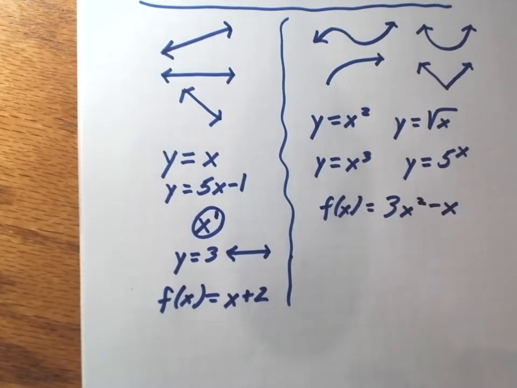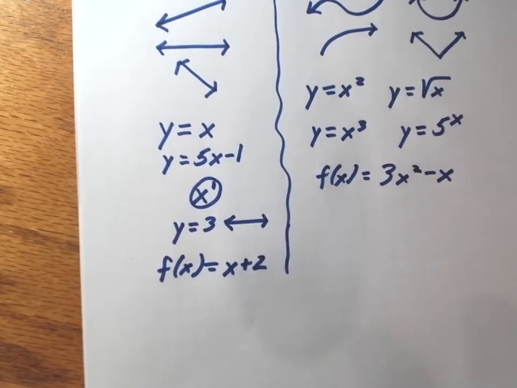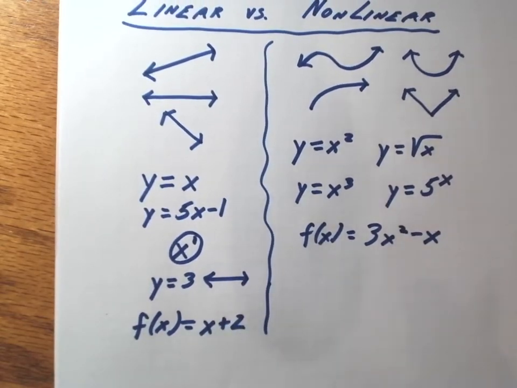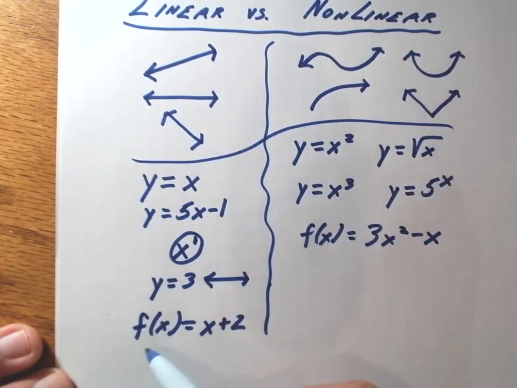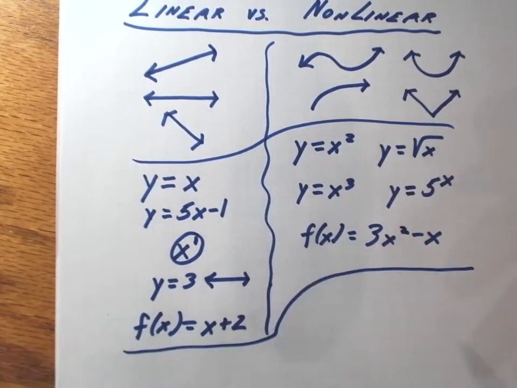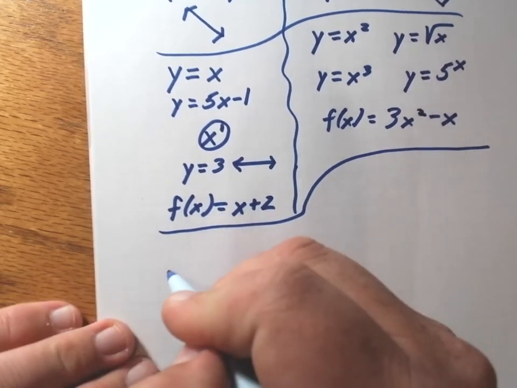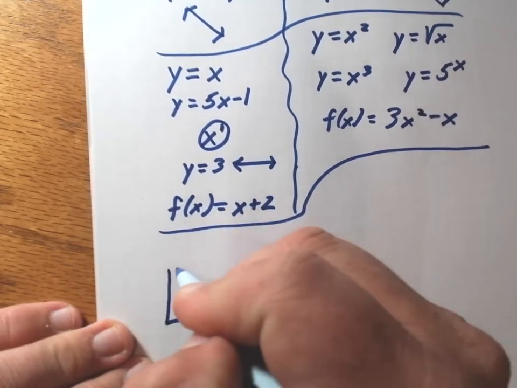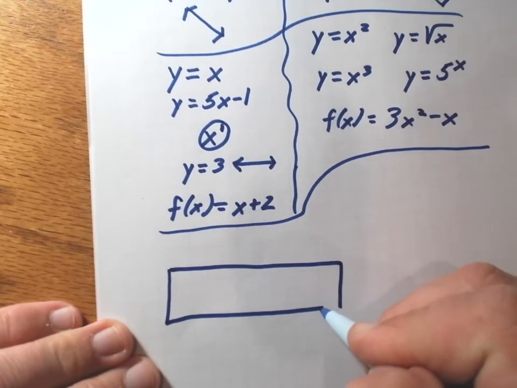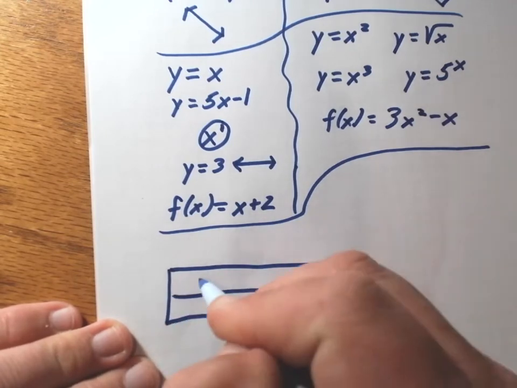So, when we think about linear and nonlinear functions, we can think of them in terms of their graphs. We can also think of them in terms of their equations, but now we can also think of them in terms of a table of values. So what I'd like to do is create a table here of x and y values.